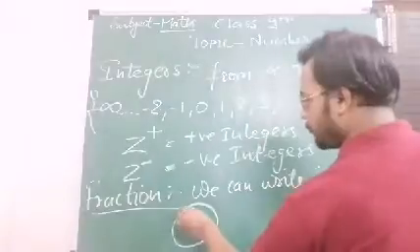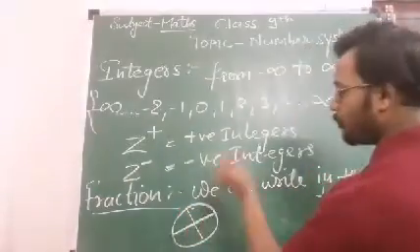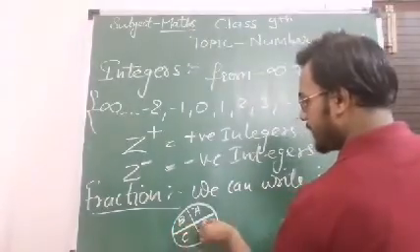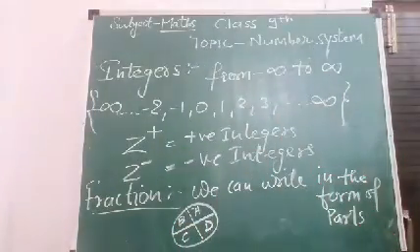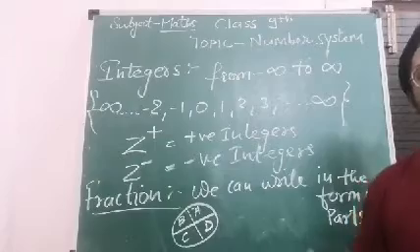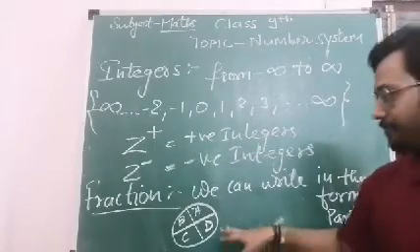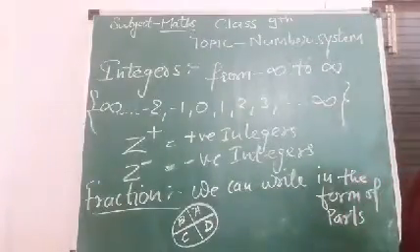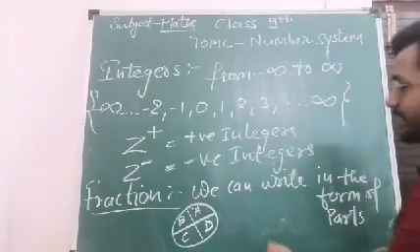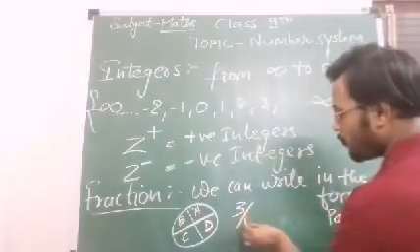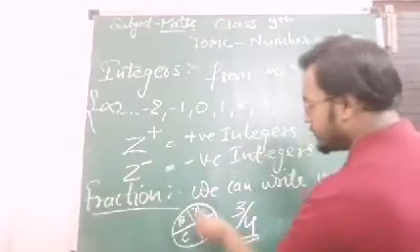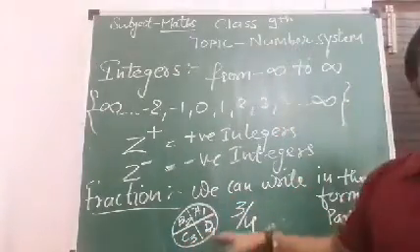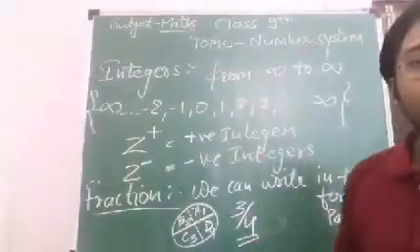In this we are dividing into 4 parts: 1, 2, 3, 4, and we can name them A, B, C and D. Now we are going to talk about a fraction of this circle. If you are talking about part C, we can say that this is 3 by 4, because C is number 3 and total parts are 4, so we can say 3 by 4.